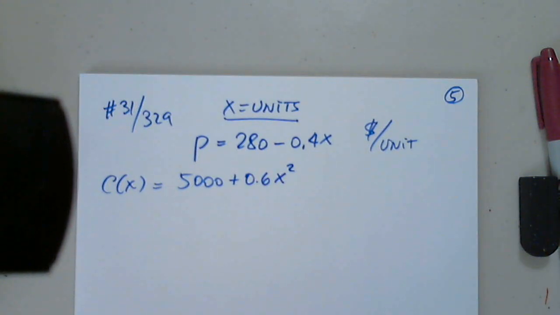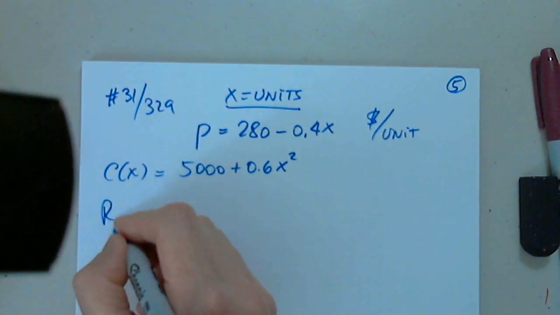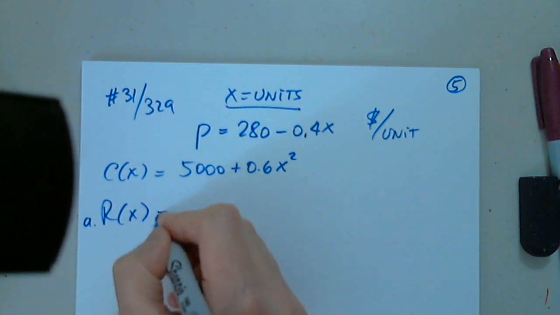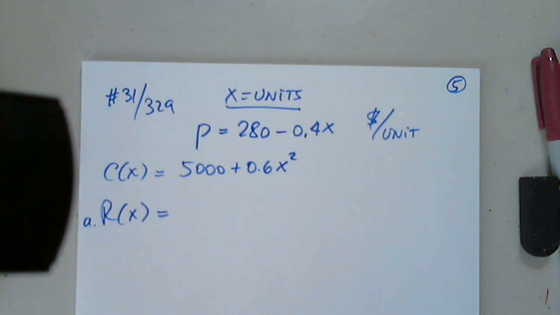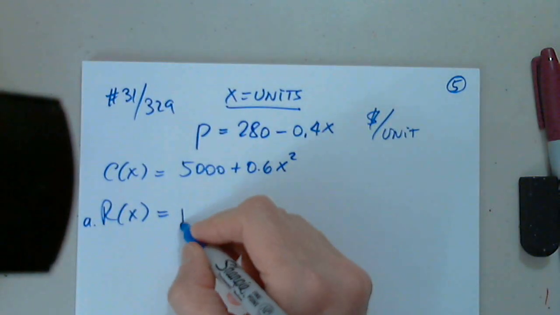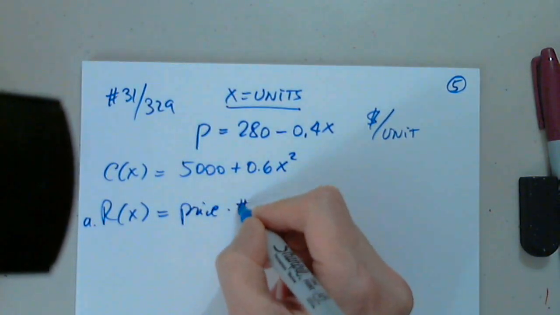That's our first question. So we want to find the total revenue in part A. What is the formula for the revenue? This is not the profit, but the revenue. So price times number of units.